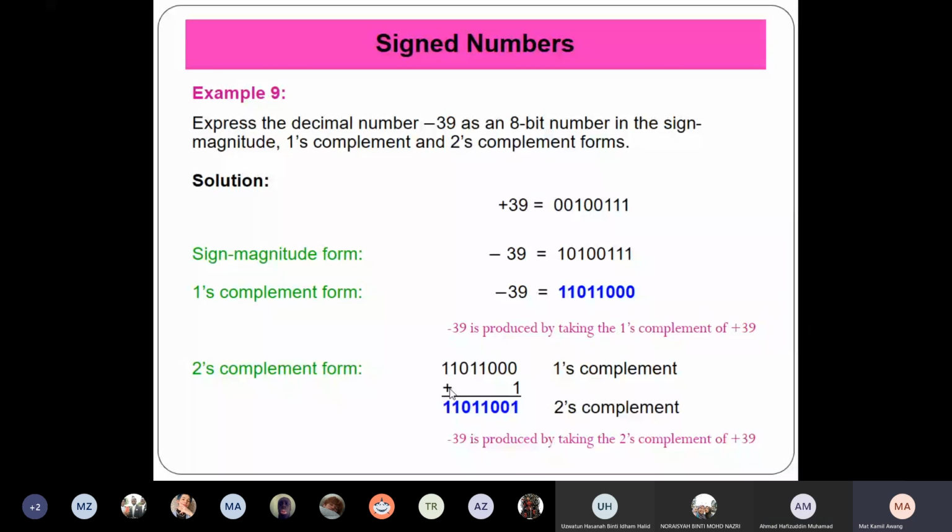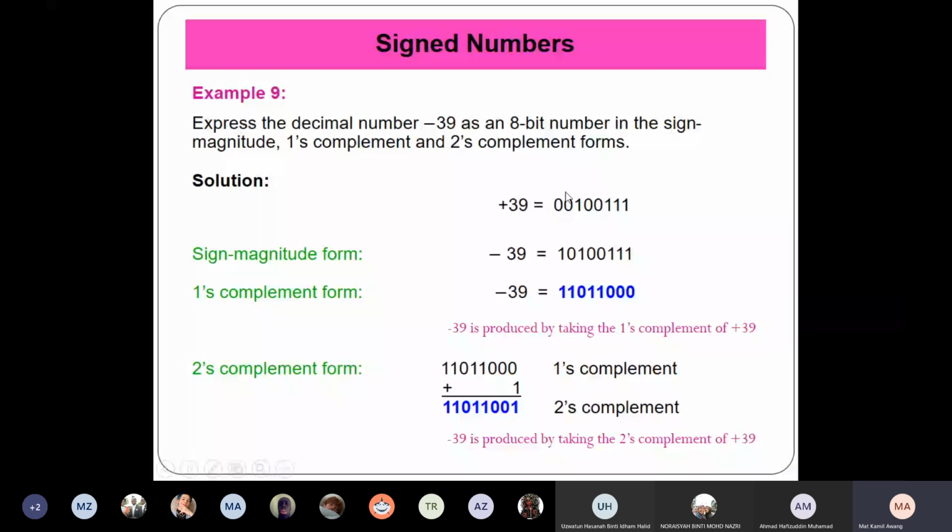Example, express the decimal number minus 39 as an 8-bit number in sign magnitude, in 1's complement and in 2's complement. Solution. First, positive 39 is actually 00100111.